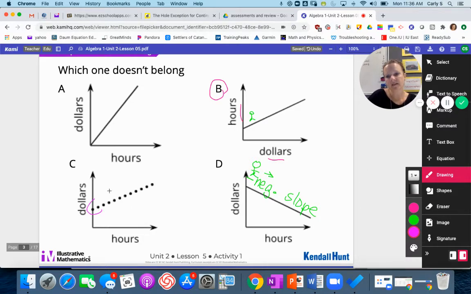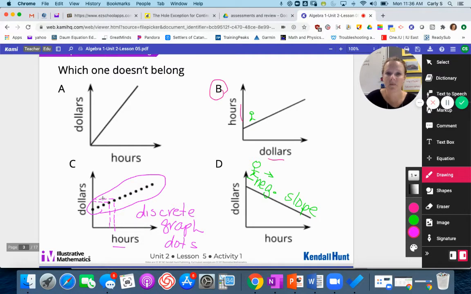Maybe it's this one that doesn't belong because it's not a line, it's dots. This is called a discrete graph because it is dots. This means that at this value of hours, you make this amount of money. At this particular value of hours, you make this amount of money. There's no in between.